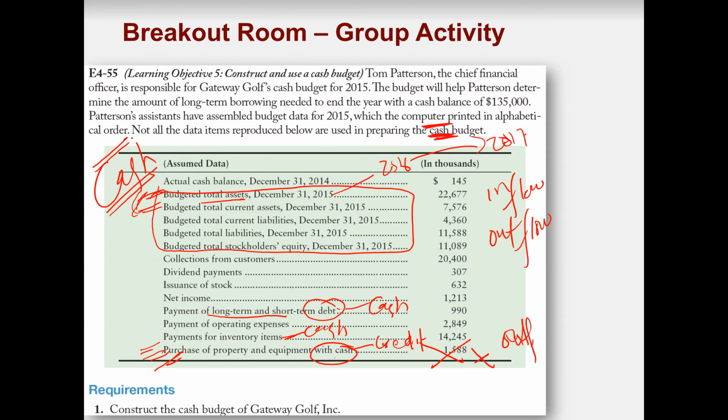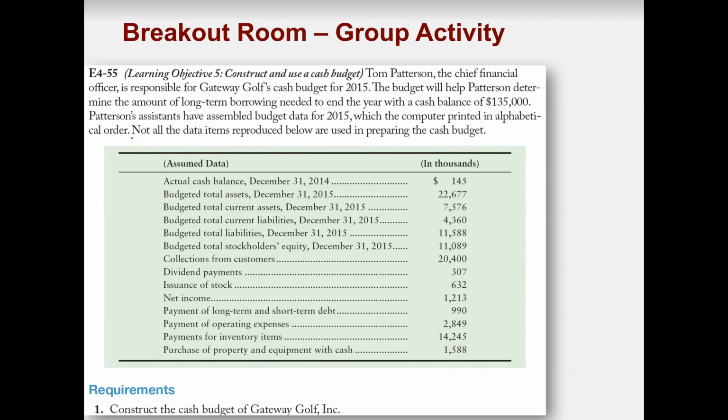Only those items that we pay or receive in cash will be included in the cash budget. That is the beauty of the cash budget. Understand? If this would be written as purchase of equipment through credit, then we won't be including it. But payments means backed by cash. That's why the question specifically mentioned with cash.